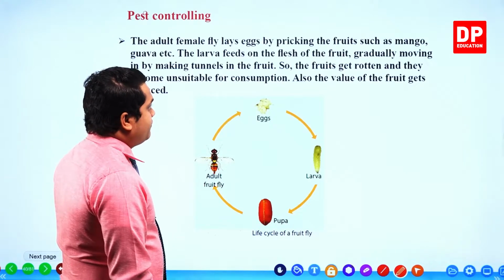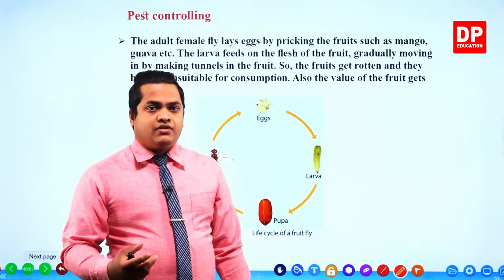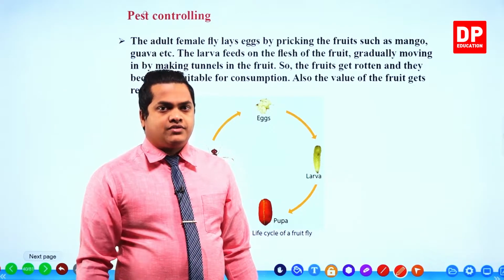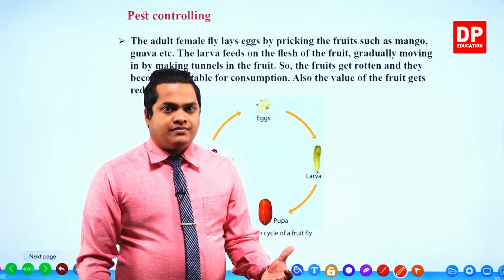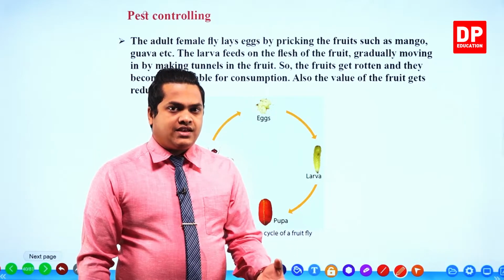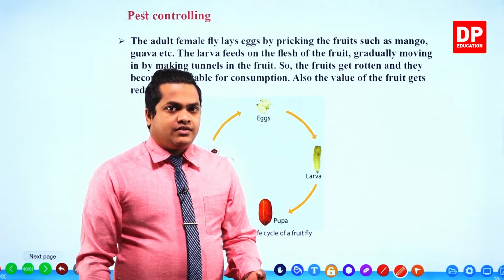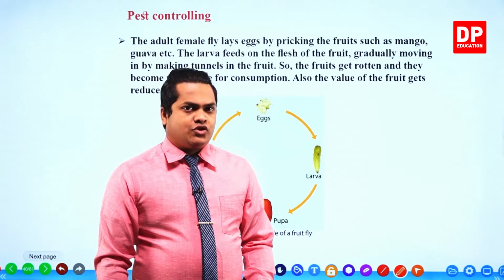Also, the value of the fruits gets reduced. I mean, if there are 2 or 3 bad mangoes, now you're going to buy mangoes from a seller, right? If you're buying a large number of mangoes, then you're asking for a sample for sure.